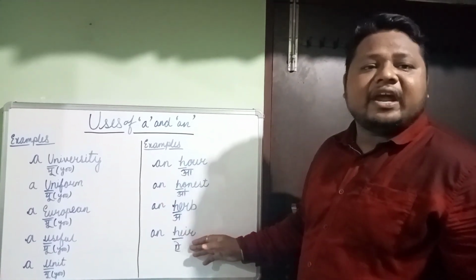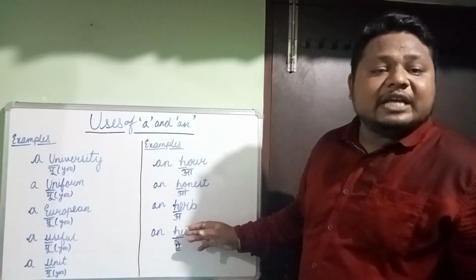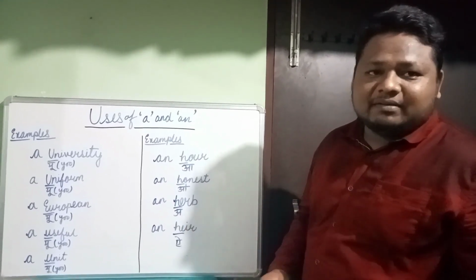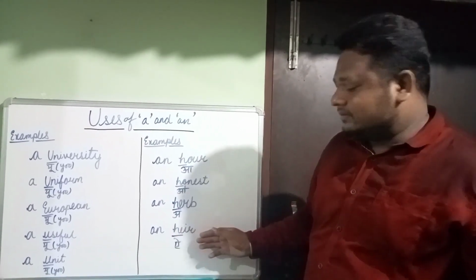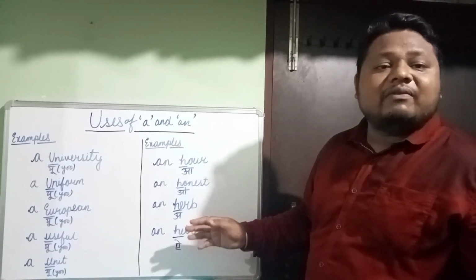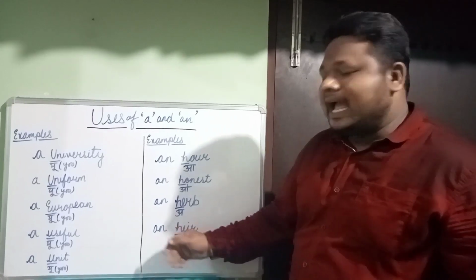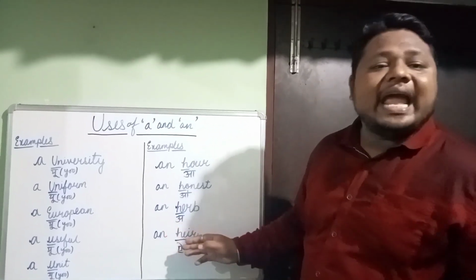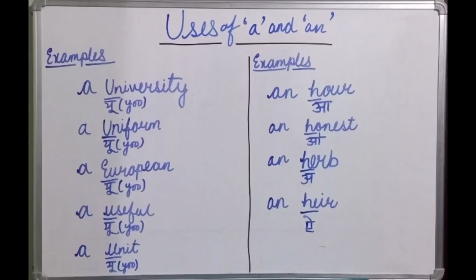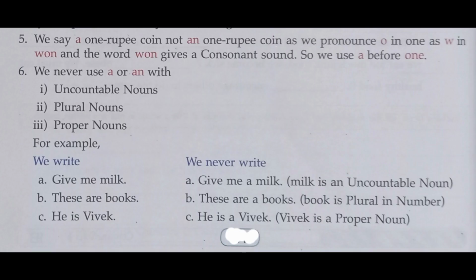When you say heir, it is spelled as H-E-I-R, but pronounced as air. A vowel sound. That's why we use the article an, and it is called an heir. Next, we say a one rupee coin, not an one rupee coin.